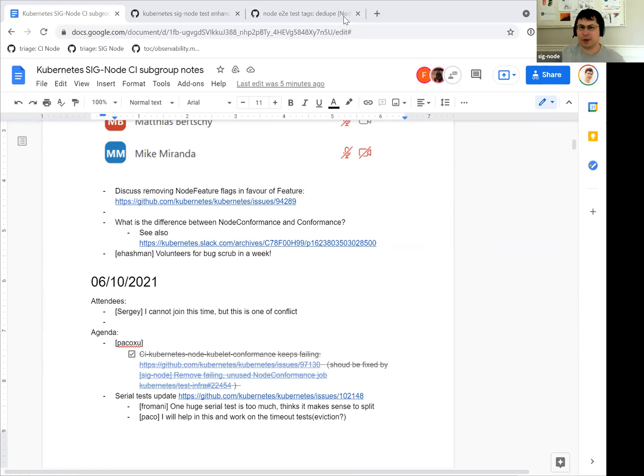No, it's not that many tests actually. When we started this group, Victor was trying to do that, and then I was looking into that, and you quickly realize that it's not too many. It's a reasonable amount, and I think I understand all the test grids, what they're doing, except node conformance. Node conformance is still a mystery for me. Even after reading all the documents, I still don't understand how node conformance is different from all other non-alpha features.